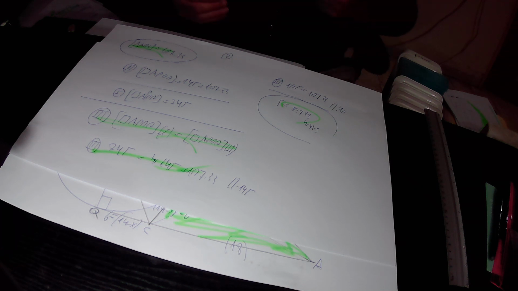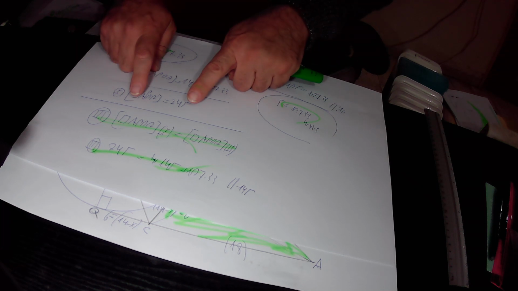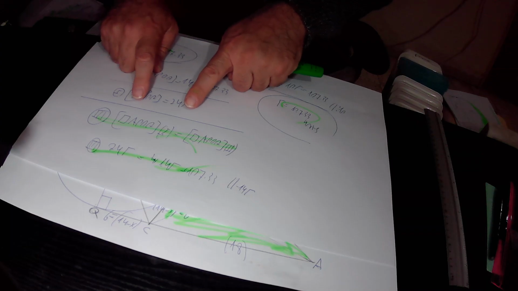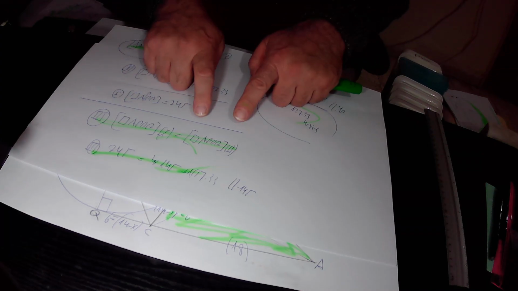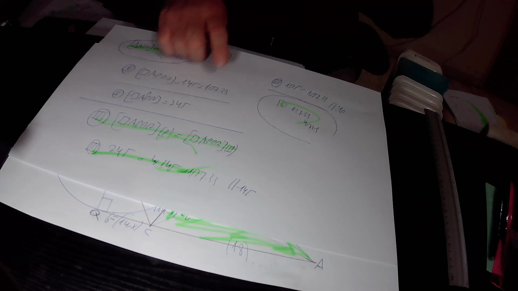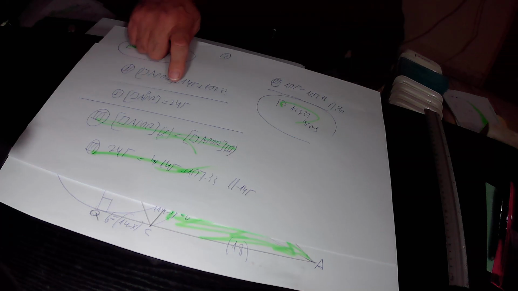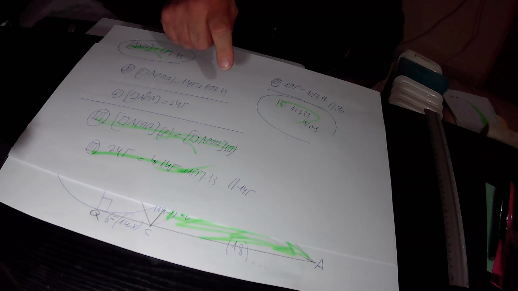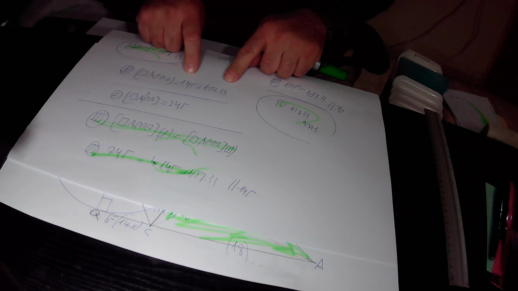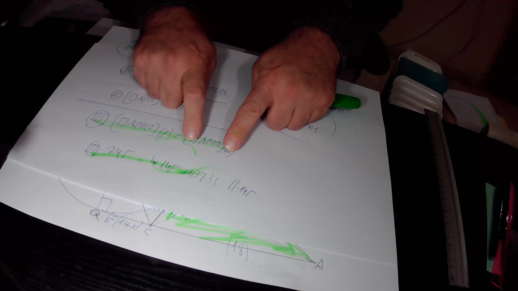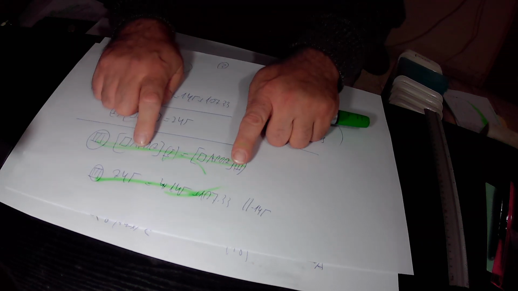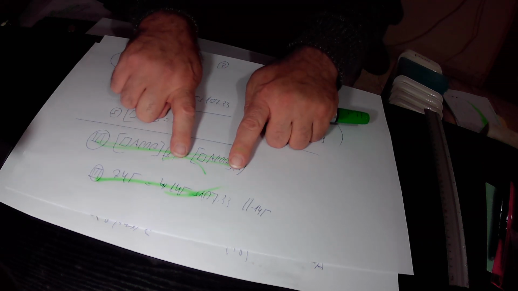Therefore, we create equation 3, which says that the area according to the first method, 24R, must be equal to the area of the same quadrilateral according to the second method, that is 14R plus 107.33. So 24R equals 14R plus 107.33.